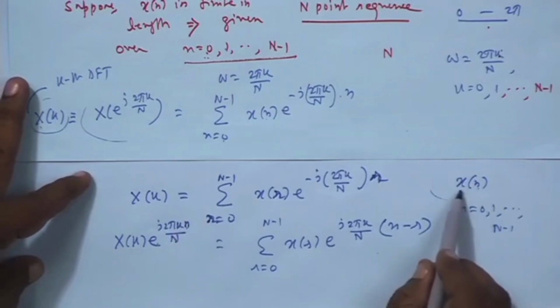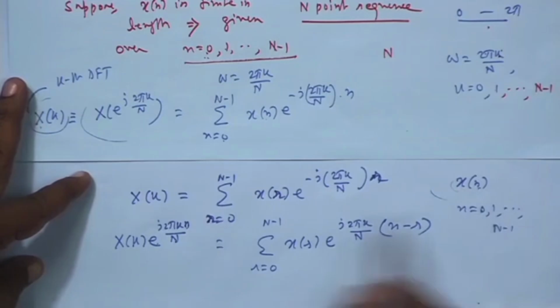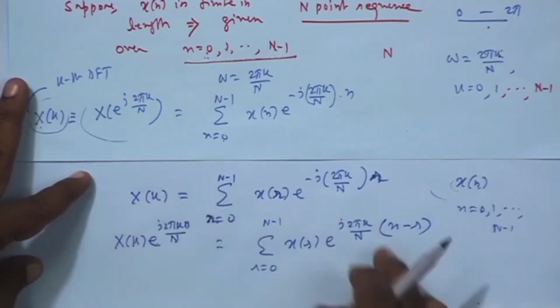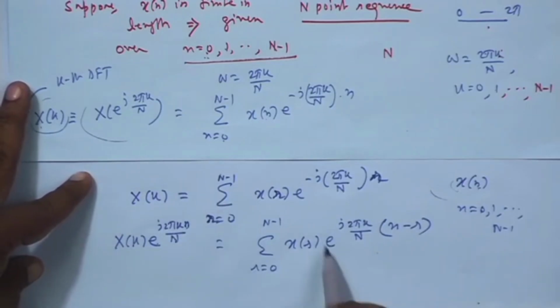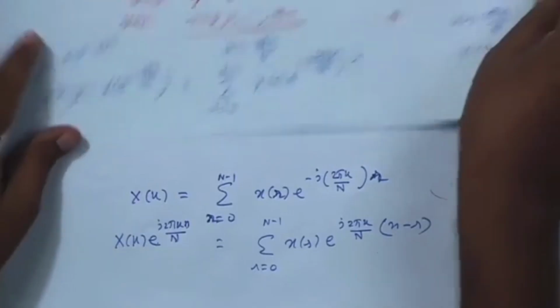You want to find the nth sample x[n], n in this range, so that n you put here. Take that inside the summation and combine the two exponentials, and you get e to the power j 2 pi k by N times (n minus r). Then what you do?